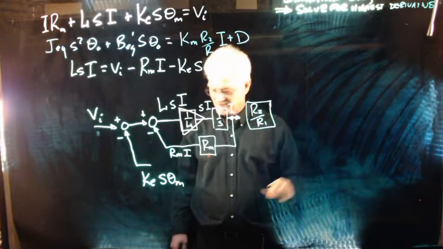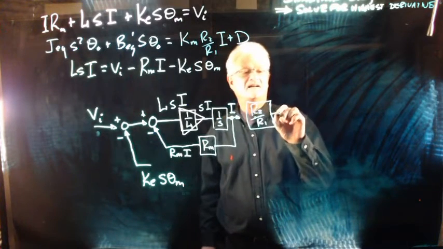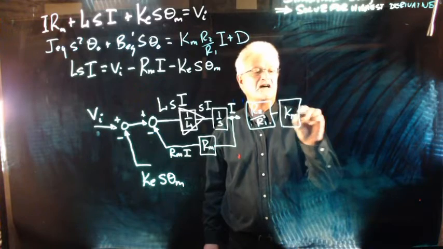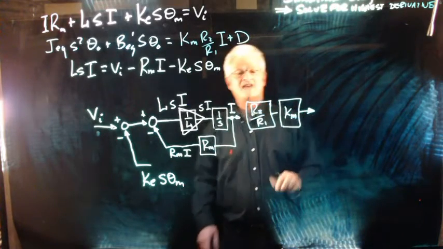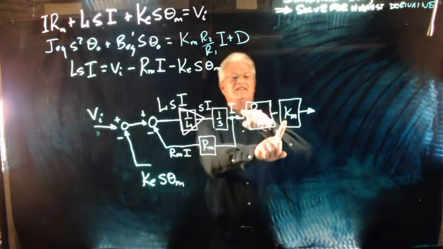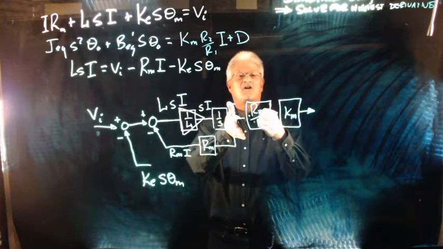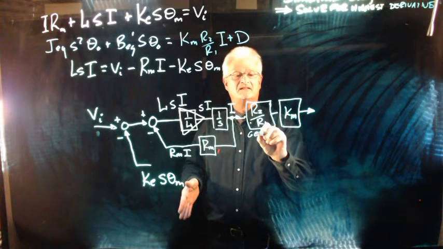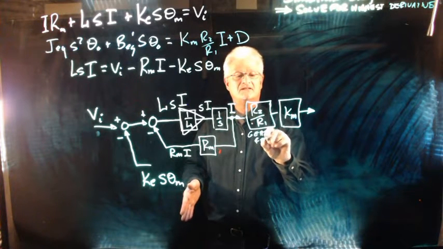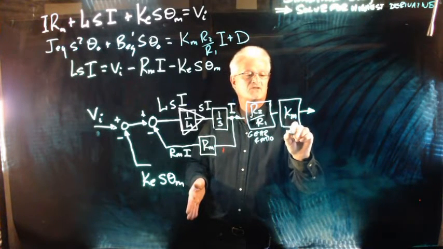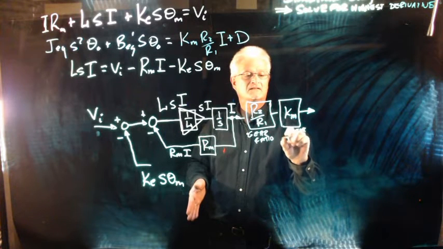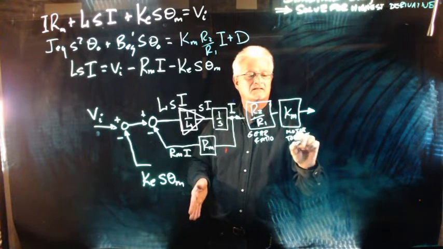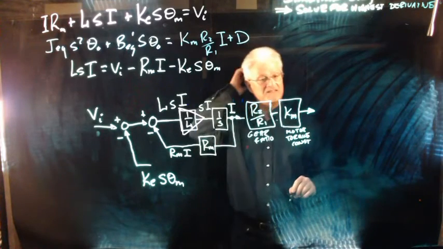It doesn't really matter what order I put these in; I could swap these two and that'd be fine. So R2 over R1 is the gear ratio, and this is the motor torque constant.